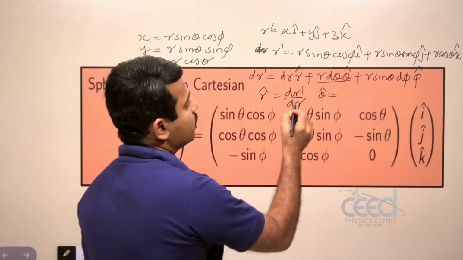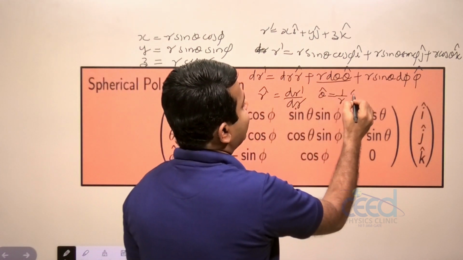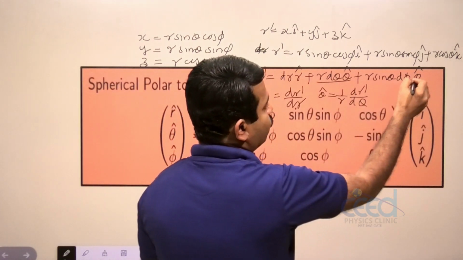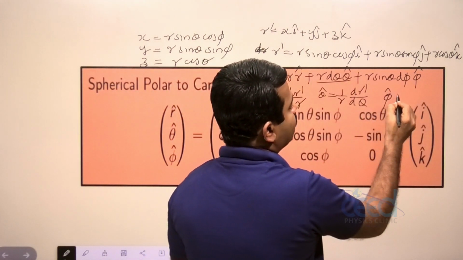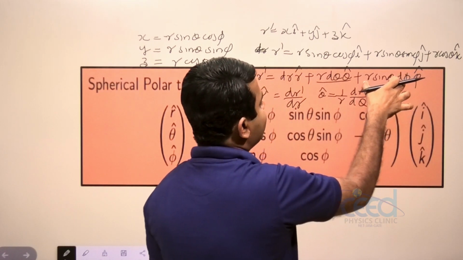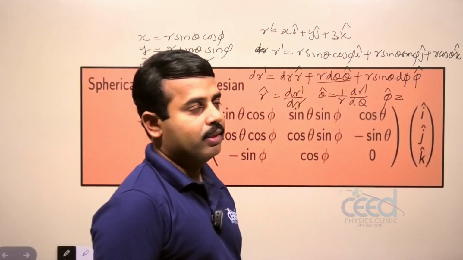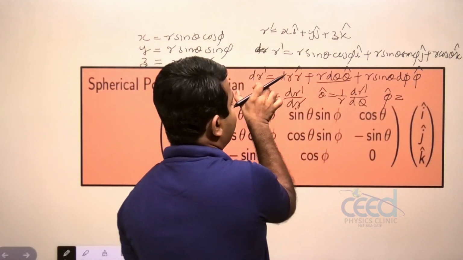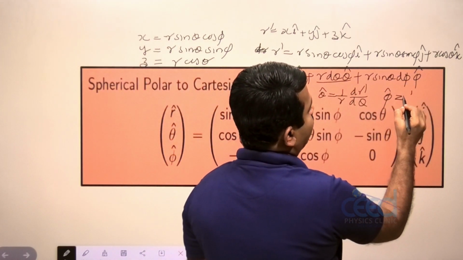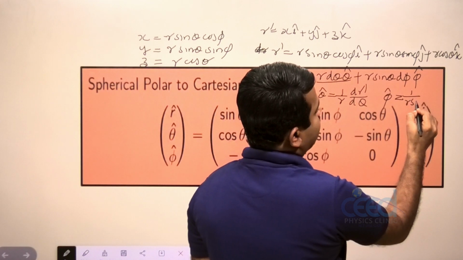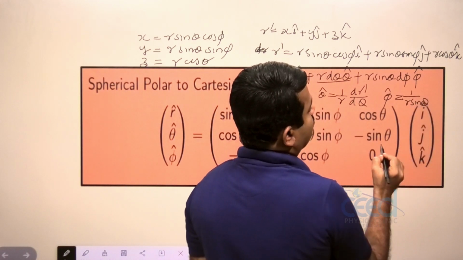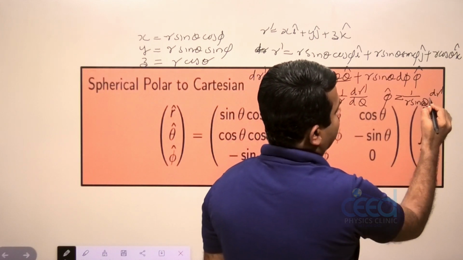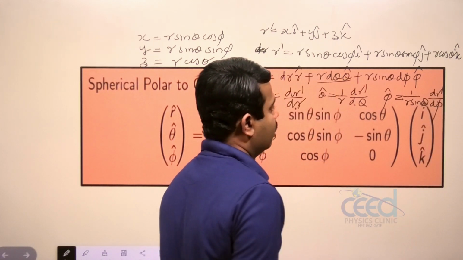That means 1 by r dr dash by d theta. Then what about phi cap? Phi cap is equal to this r sin theta d phi, and with respect to d phi you have to differentiate. Then 1 by r sin theta, dr dash by d phi.